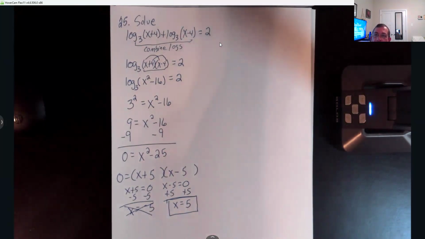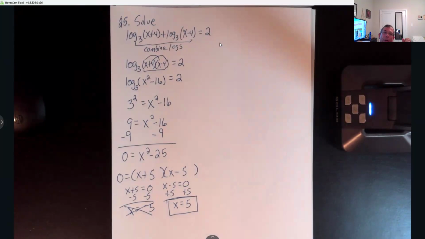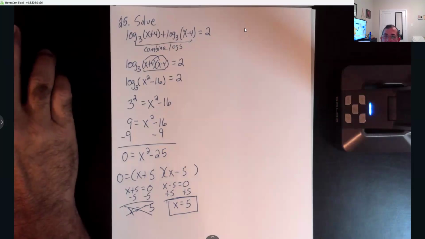Rewriting as logarithmic and rewriting as exponential. Then we got into those properties of the logs, and y'all finally ended up with our solving exponential and solving logarithmic equations, okay? So y'all, that is test 4.